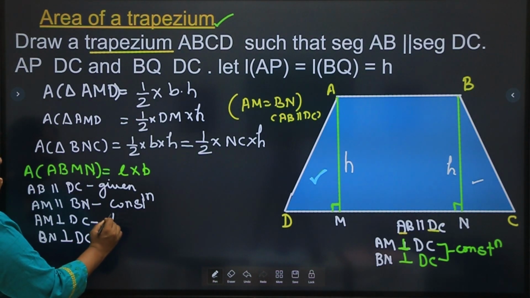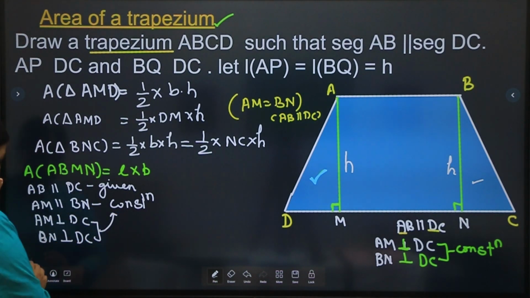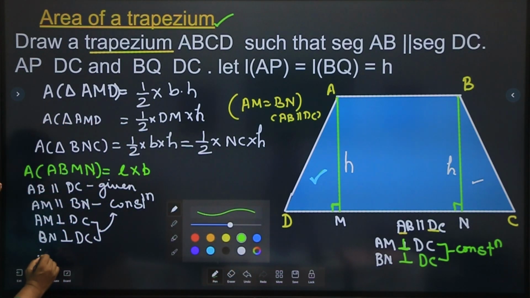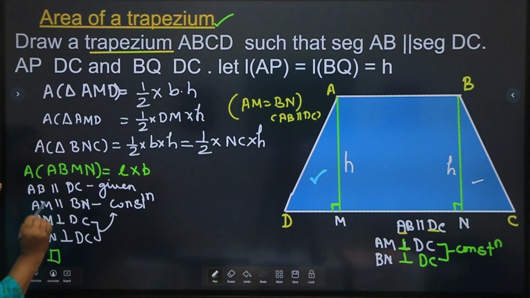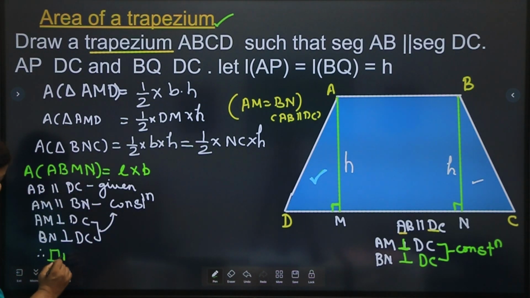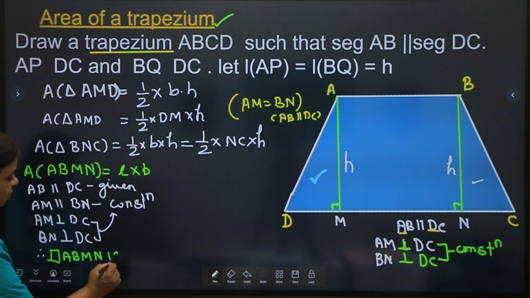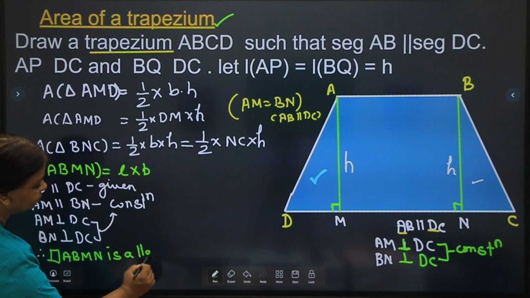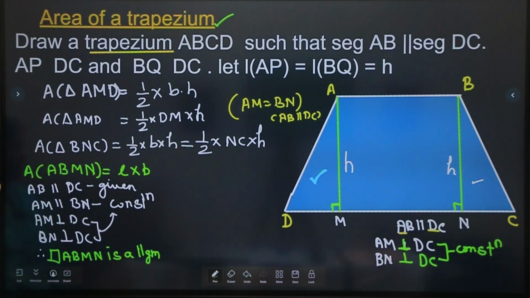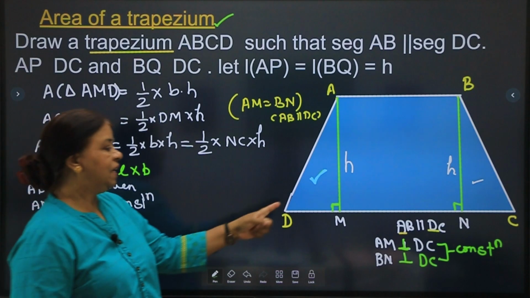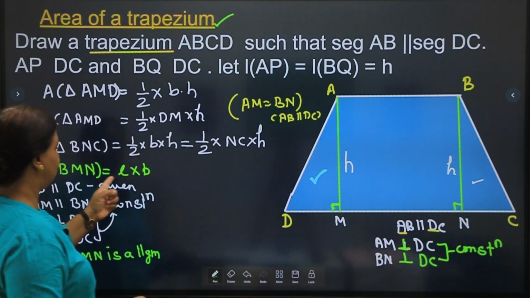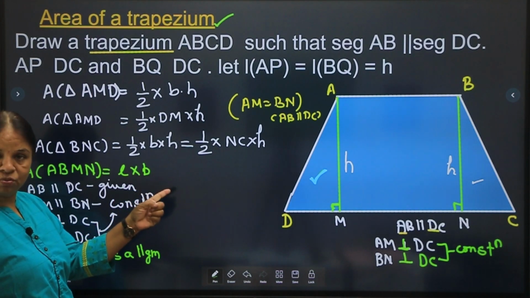Again we have done the construction. So therefore we can say quadrilateral ABNM is a parallelogram because opposite sides are parallel. Okay, but each angle is 90 degrees and therefore we can use this formula, length into breadth.